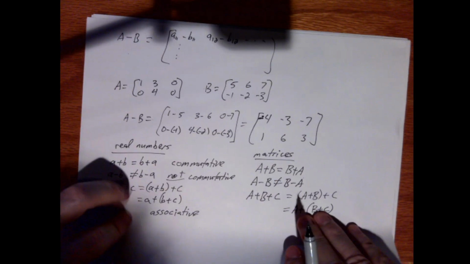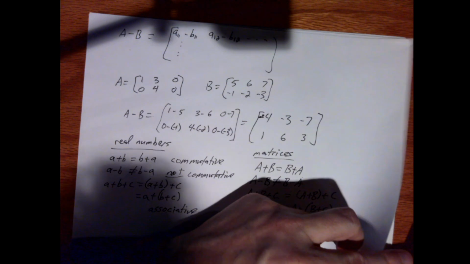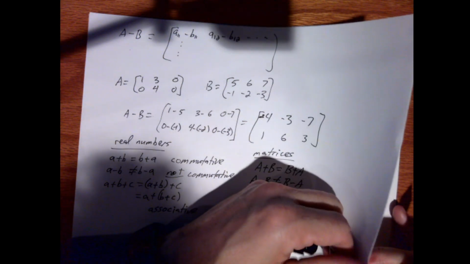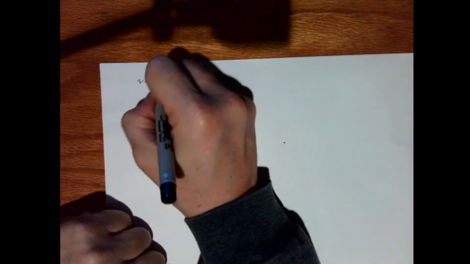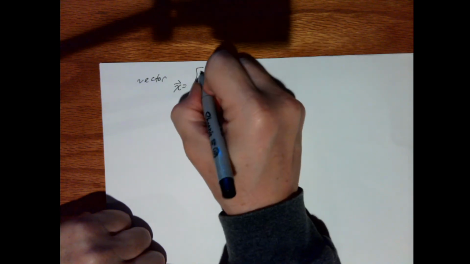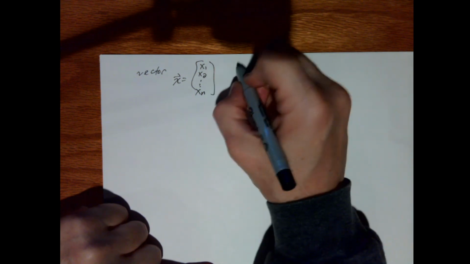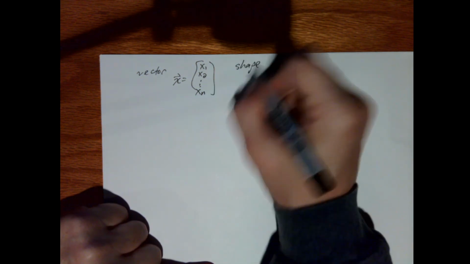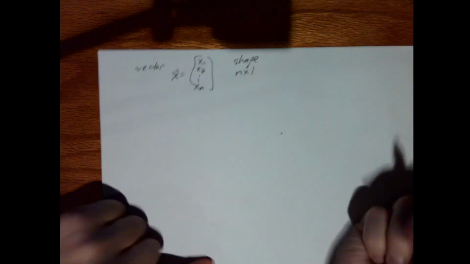Before we leave, since I was talking about matrices, how does this relate to vectors? Well, it's the same. In some sense, we can think about a vector, say x, where it has elements x1, x2, through xn. We can think of this, if it's a column, as having shape n by 1.